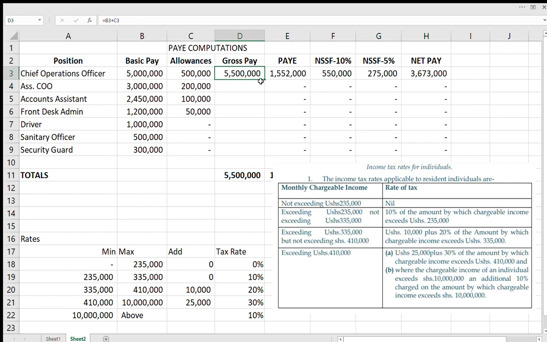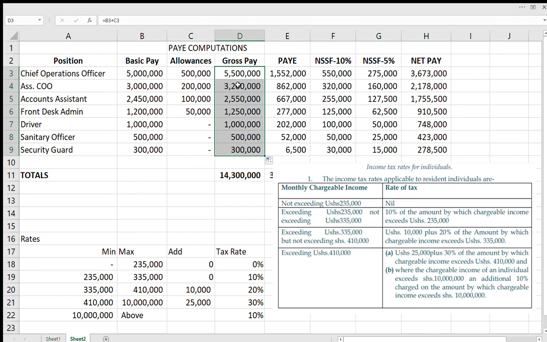That formula, basic pay plus allowances, is where you get your gross pay. You press the enter key, then come to the corner where you see the plus sign coming on. When you hover around the corner, you see a plus sign, meaning if you hold it with the mouse and drag it down, the formula spreads to all the others.